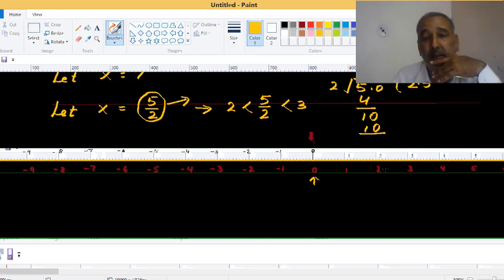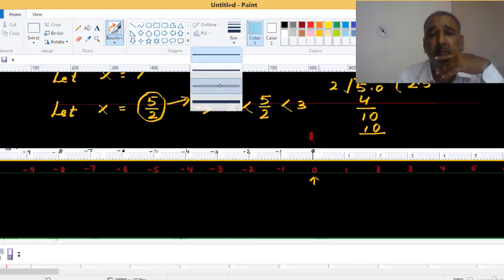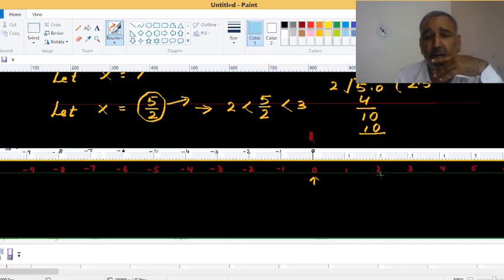Just take this line between 2 and 3. I am highlighting this portion. There are small divisions on it. There are 10 small divisions between 2 and 3.